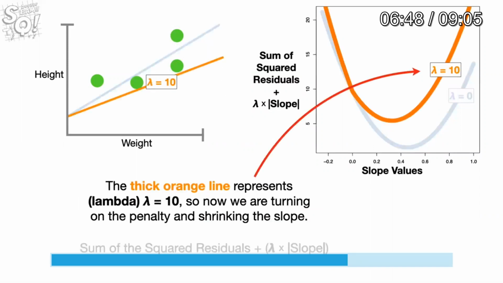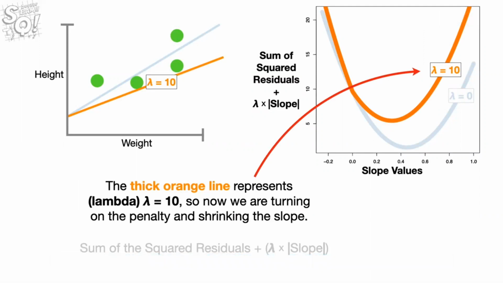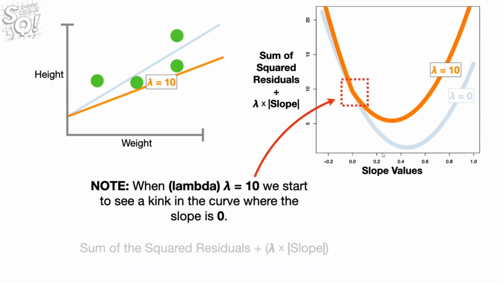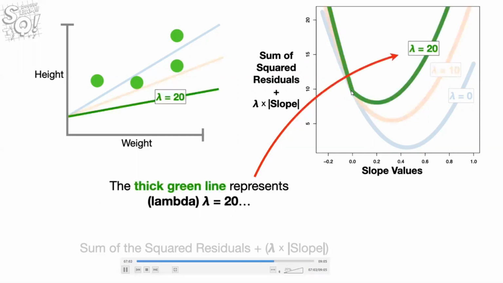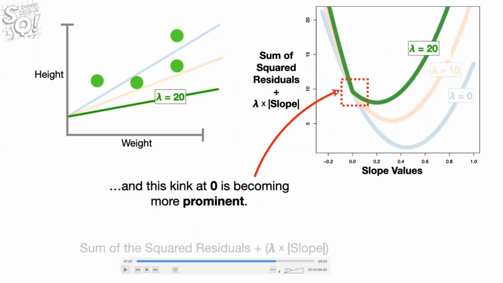And then for lambda equal to 10, if I repeat the same procedure, start with some value of m, and then start increasing it, I'll get this curve. But here you'll see a somewhat elbow-like bend, or a kinky structure, and this kink will be more visible if you start increasing your lambda. For lambda equal to 20, you'll see that this kink will be more visible.